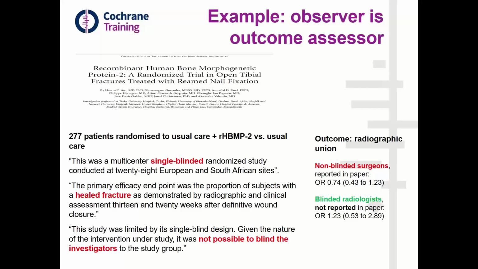What they didn't report was the effect based on the blinded radiologists, indicating a possible harmful effect with an odds ratio point estimate of 1.23. So an example of a trial with inadequate reporting.